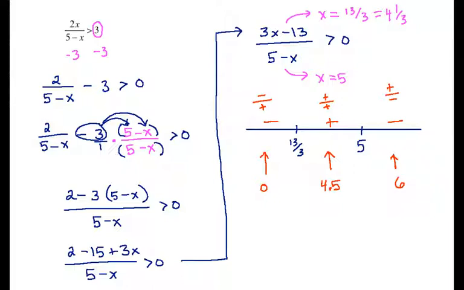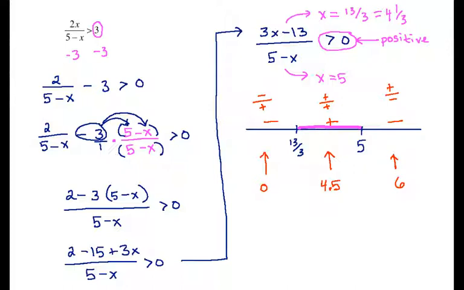Now it's time to look back at this form of the inequality again. This is the same form that I used to mark up my number line. So this is the one I should look at to determine whether I want positive or negative values. Numbers that are greater than 0 are positive, which means that from my number line, I am going to choose the positive interval.